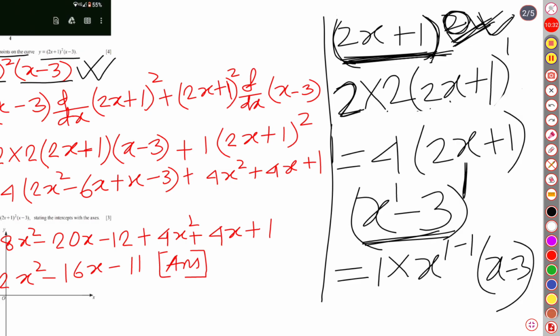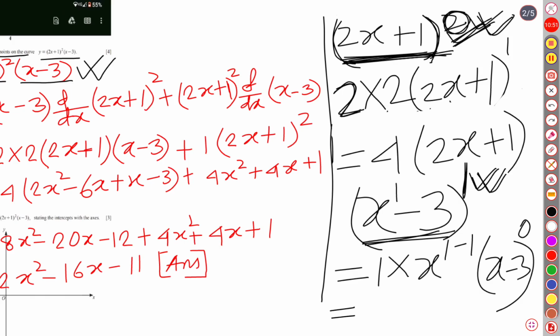What will happen to the exponent? The exponent 1 minus 1 means 0. One thing is very sure, I'm repeating the same word every time: whatever exponent is given, it will be reduced by 1. Always we subtract 1 from the given exponent.